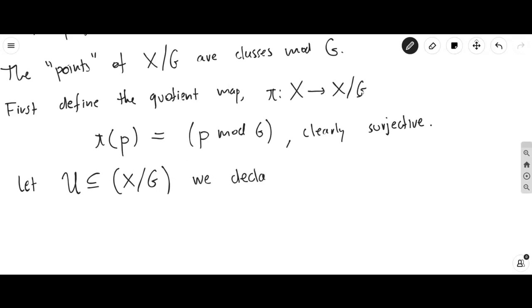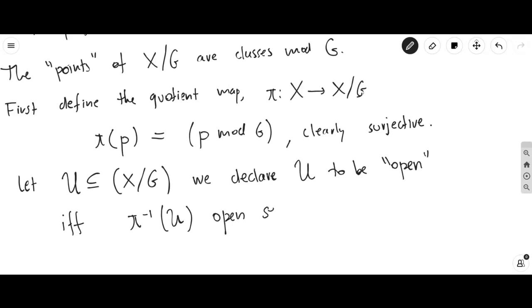We declare U to be an open subset of the quotient topology if and only if you pull it back using pi, and you want this to be an open set in X. So that's the way you do it. You define an open set to be something that pulls back to an open set.